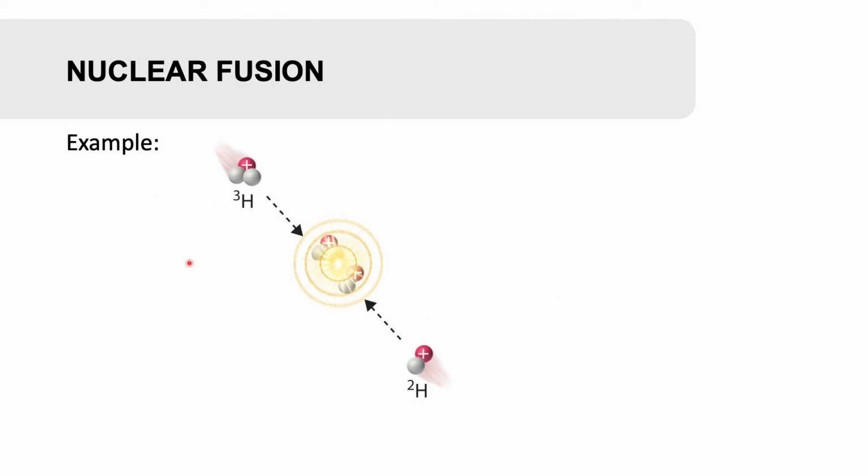Now, from this example of nuclear fusion, we can see that deuterium and tritium move at a very high speed and collide with each other. It then combines with each other to form a heavier nucleus, which is helium, a neutron, and also a large amount of energy.